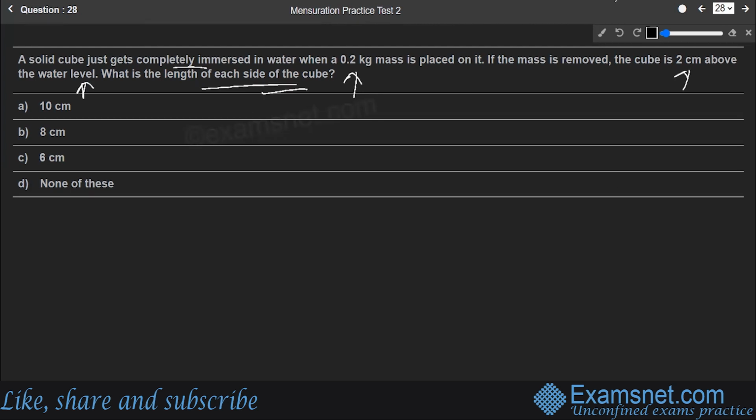So clearly, whenever a 0.2 kg mass is placed on a cube, the volume of the water replaced is related to the mass. The volume of the water removed because the weight is put on the solid is related to the weight. So we're going to use this to find our answer.